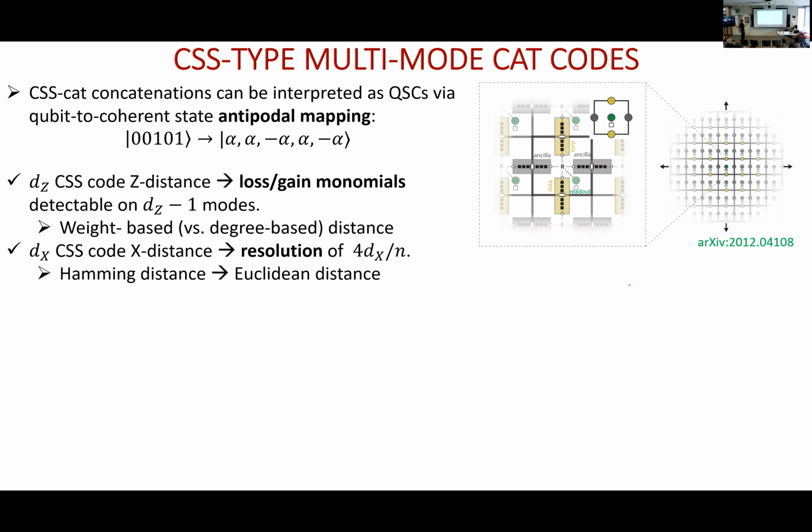Namely, you can detect them on as many modes as the distance. And then the dx distance gives you a resolution, the distance between the coherent states. Why? Because the Hamming distance between the binary strings, the number of different elements the two binary strings have, naturally translates to the Euclidean distance between the coherent states. It's like a 3-line proof.